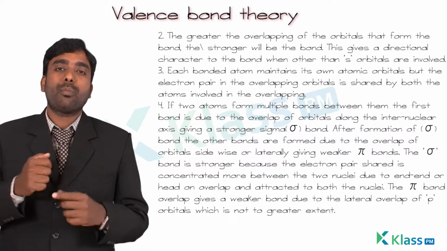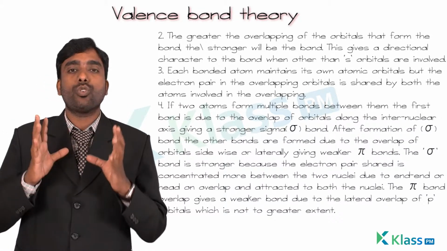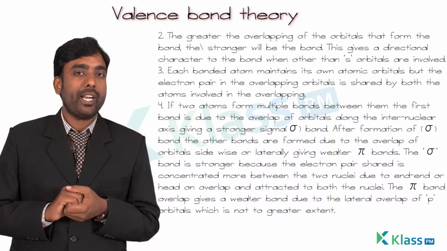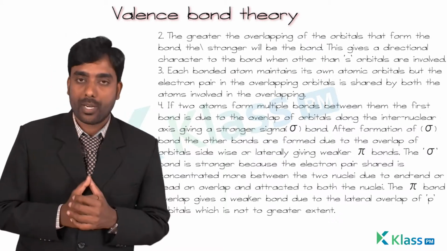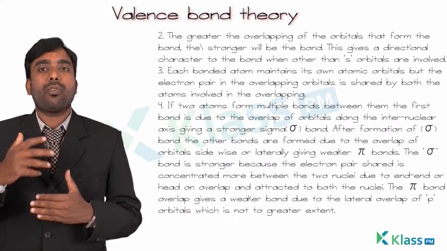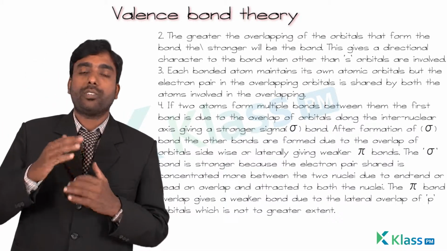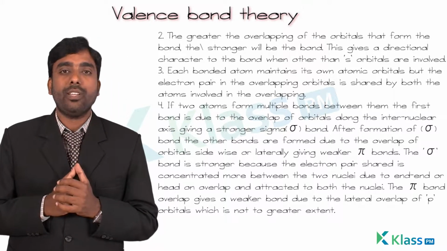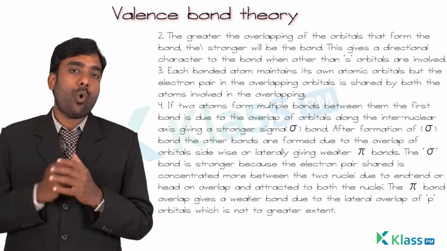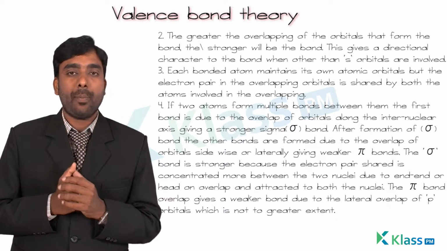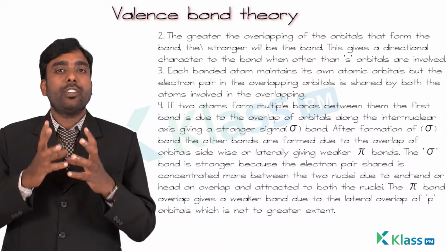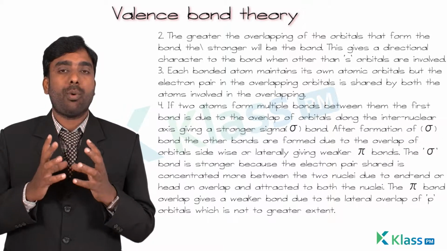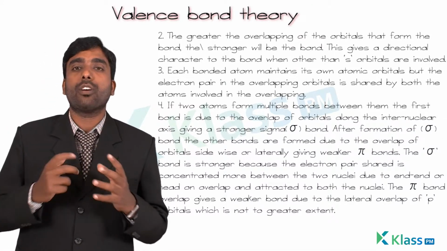And after one sigma bond is formed, there is no chance for end-to-end overlap again, only a chance for the sidewise overlap, that is lateral overlap. So after one sigma bond formation, the second bond and third bond are always formed by lateral overlapping. In the lateral overlap, the orbitals overlap to a smaller extent. That's why these two bonds, the lateral overlap bonds, that is pi bonds, are the weaker bonds.